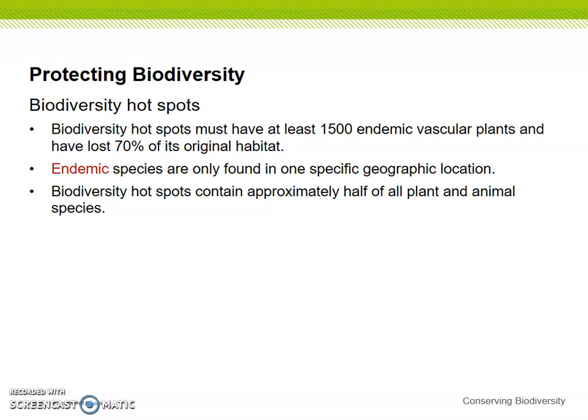There is a species of crawdads here in Missouri that is only found in a creek called Carver Creek. It's between Arcadia Valley and Lesterville. So that is an endemic species. It is found only in that one stream. Biodiversity hotspots contain approximately half of all plant and animal species on the planet.